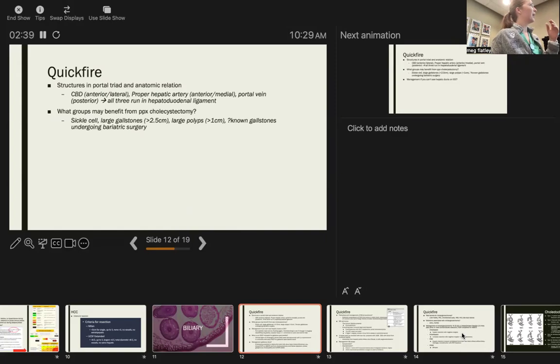Large polyps, question mark, known gallstones undergoing bariatric surgery. I don't really think that we typically practice that, quite frankly, clinically, but this was in the review book, and so it bears mention. I haven't seen that show up. Yeah. But take that for what you will. Have you guys seen that? I don't think so.